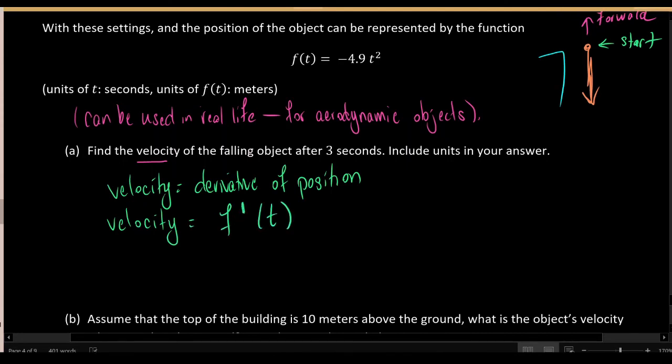Symbolically, it's represented by f prime of t. And in particular, they're looking for the velocity after 3 seconds. So they're looking for f prime at the location where t is exactly 3.